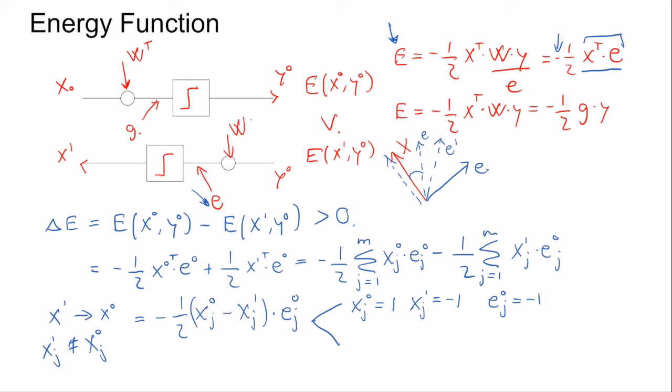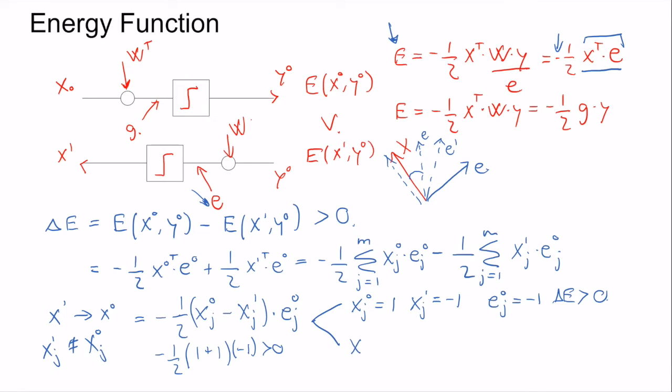So Ej has helped x to change the sign at that particular element. And then if that's the case, then we can check that minus 1/2 of 1 minus minus 1 times minus 1, and this is positive. So the increment of E is positive. So from the initial state to the first state, the energy has decreased because this value is positive.